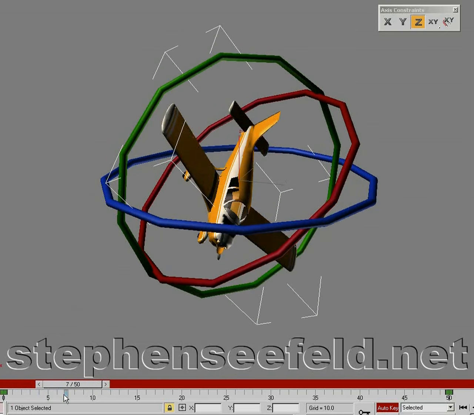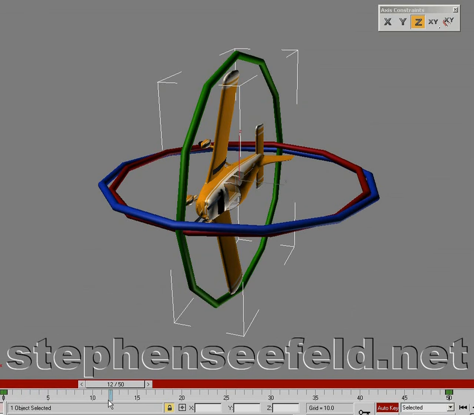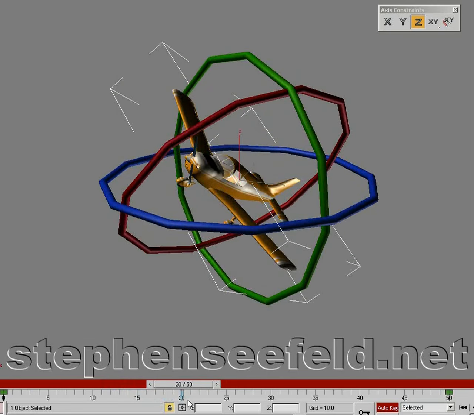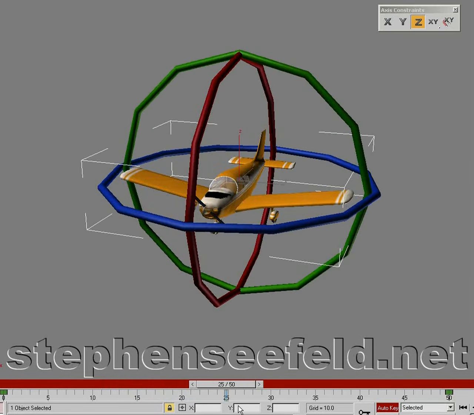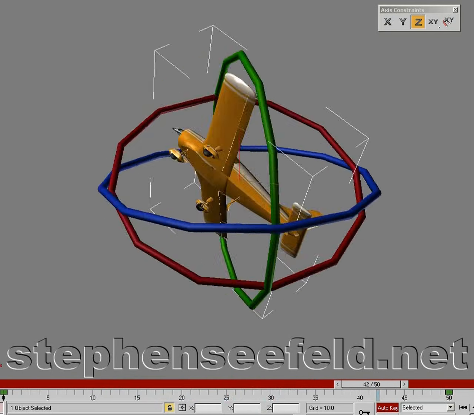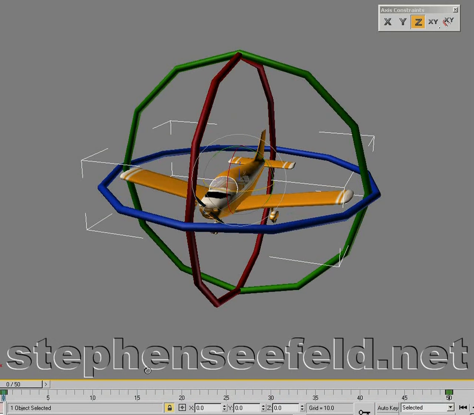Now, when it gets to here, where the gimbal lock happens, the z-axis is now pulling the x and the y in the same direction, which flips it over here, like so, pretty much back into its original position. And that is an example of how gimbal lock will affect your animations.